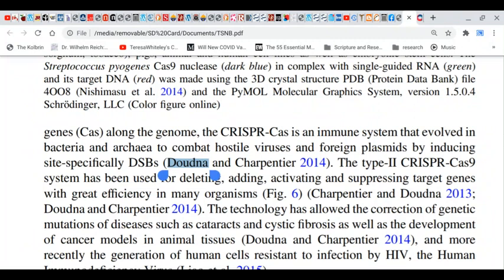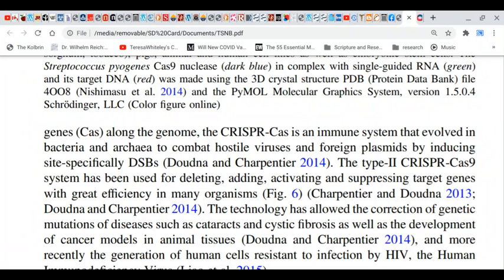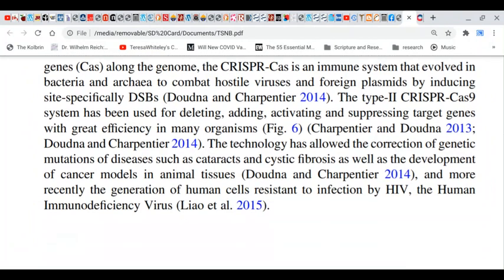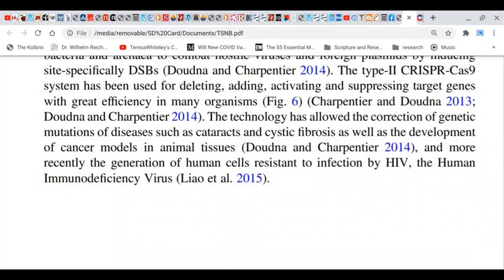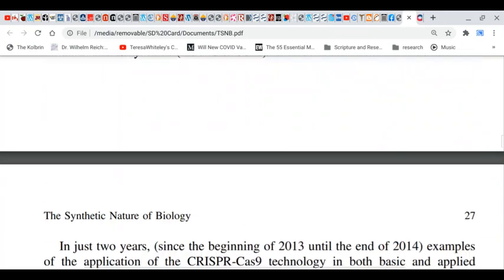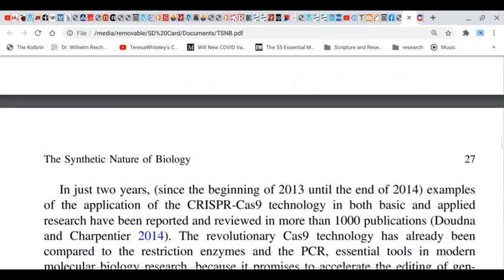The type 2 CRISPR-Cas9 system has been used for deleting, adding, activating, and suppressing target genes with great efficiency in many organisms. The technology has allowed the correction of genetic mutations of diseases such as cataracts and cystic fibrosis, as well as the development of cancer models in animal tissues, and more recently, the generation of human cells resistant to infection by HIV, the human immunodeficiency virus.